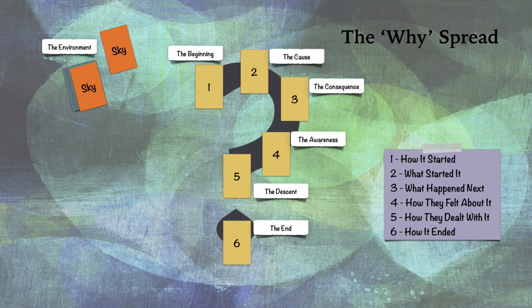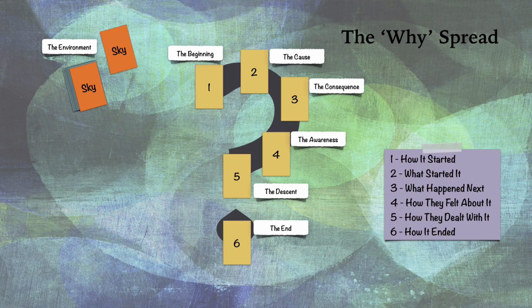The first being the beginning, which talks about how it all started. The next one is the cause, which is what started it. The third position is the consequences, which basically talks about what happened next.